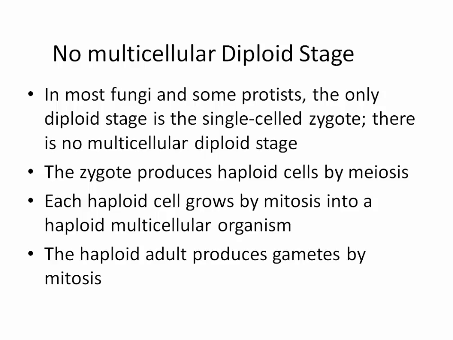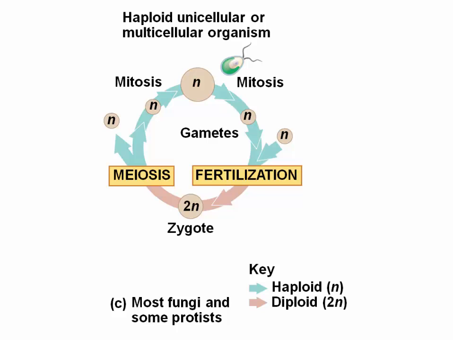So they just exist in haploid. The zygote produces haploid cells by meiosis right away, and each haploid cell grows by mitosis into a haploid multicellular organism, and the haploid adult produces gametes by mitosis. So you never get a multicellular diploid stage. And here is a picture of that.